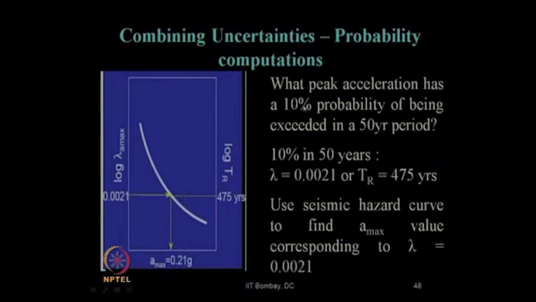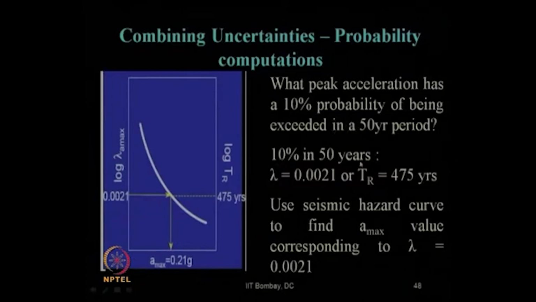For your structure, suppose you want to consider a 10% probability of occurrence of an event on a 50-year scale. You have decided to go for that. You want to know the value of peak acceleration, or the design acceleration, you should use. This is the more realistic use of probabilistic seismic hazard in design practice.